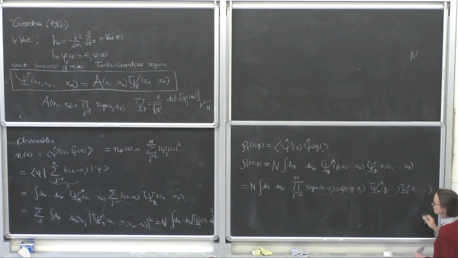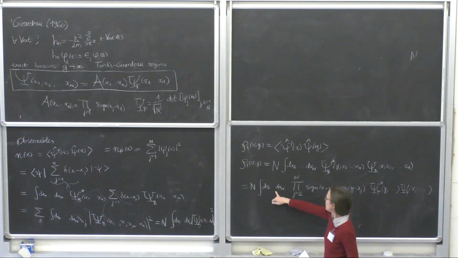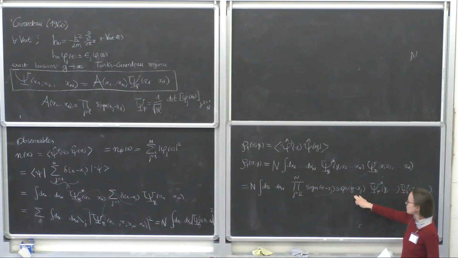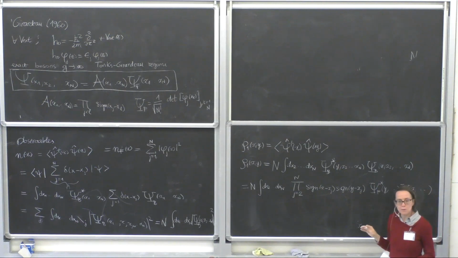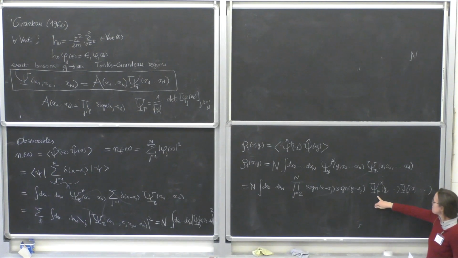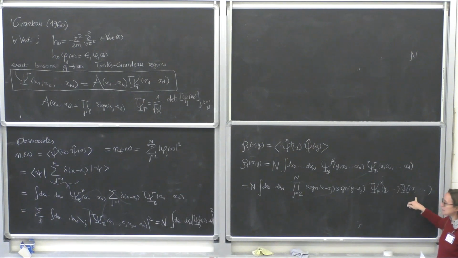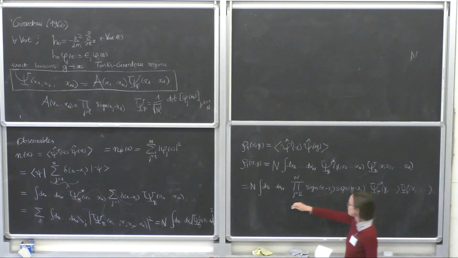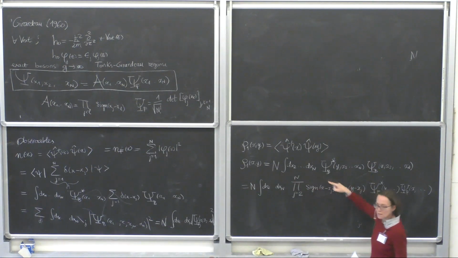So now I think it's useful if I detail the steps of the calculation, because in principle, you see, it's a many-body integral. I have these sine functions, and I have these functions here, so it's still a bit complicated. But you see that I can expand these, they are Slater determinants, and I can play a little bit with the Slater determinants to arrive at something much simpler than the initial many-body integral.